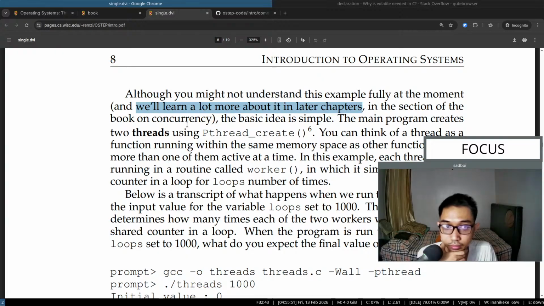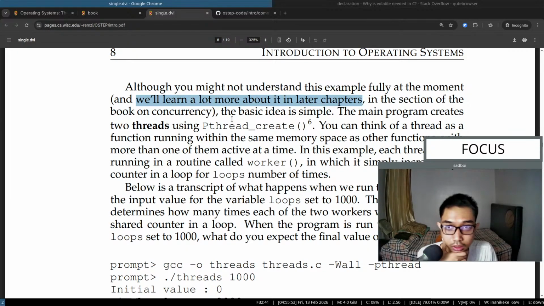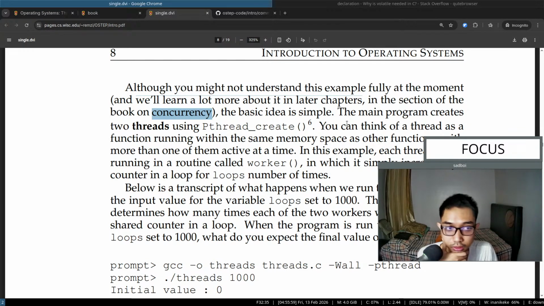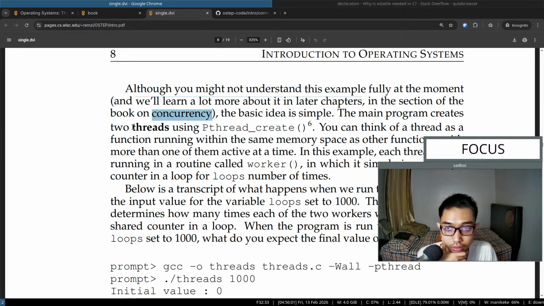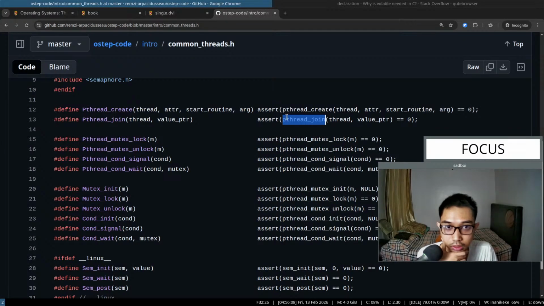Okay. In the section of the book on concurrency, the basic idea is simple. The main program creates two threads using pthread create, right? It's basically pthread create instead of the assert function.